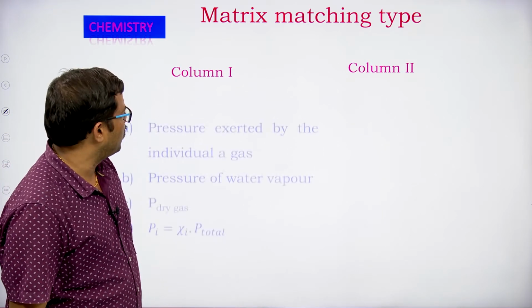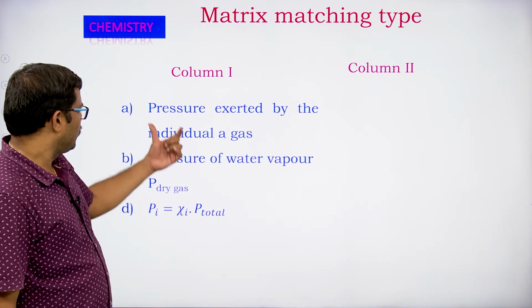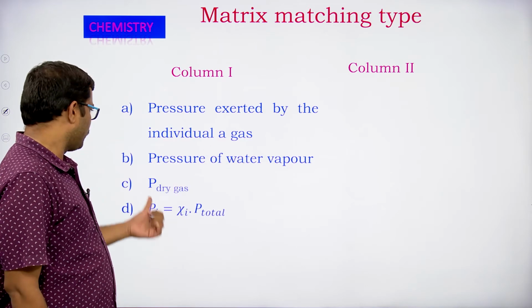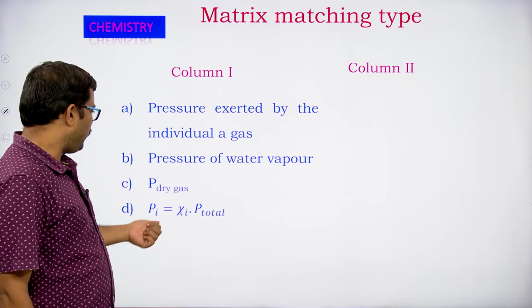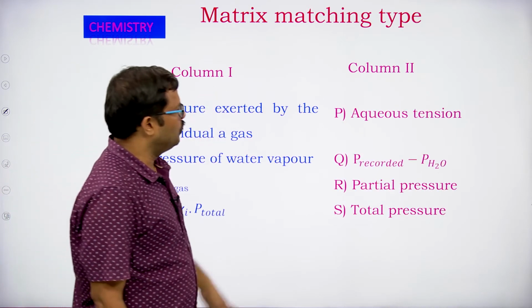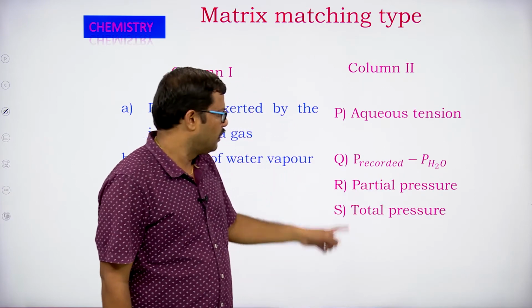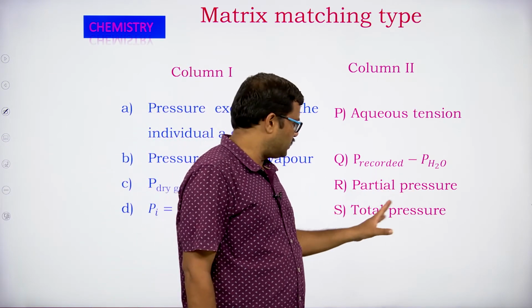Column 1 and column 2 are given. Column 1: pressure exerted by the individual gas, pressure of water vapor, pressure of dry gas, and Pi equal to Xi into P total. In column 2, P is aqueous tension, Q is recorded pressure minus pH2O, R is partial pressure, S is total pressure.